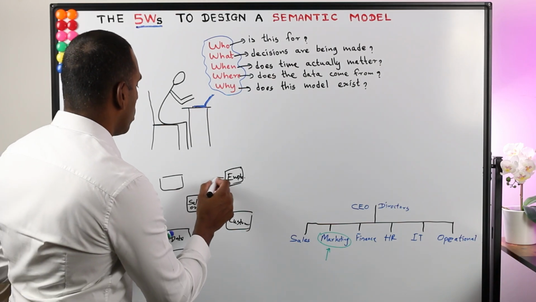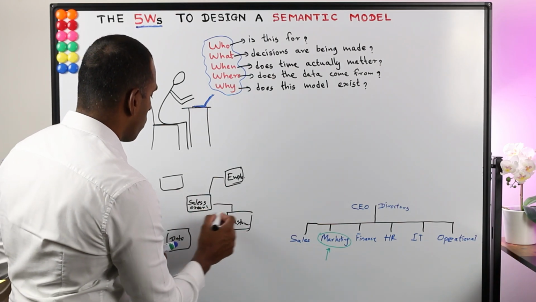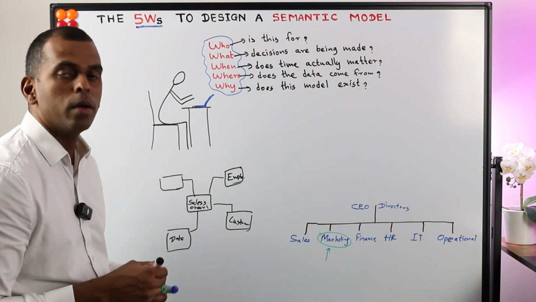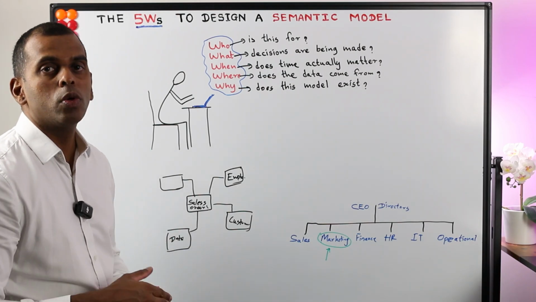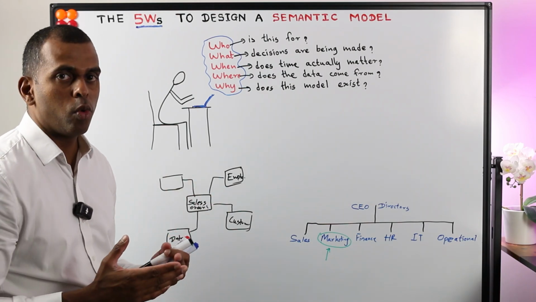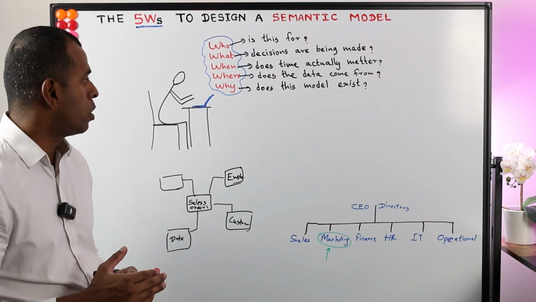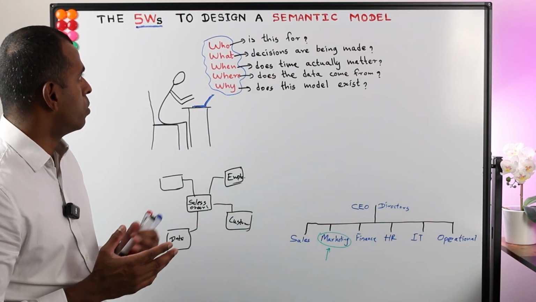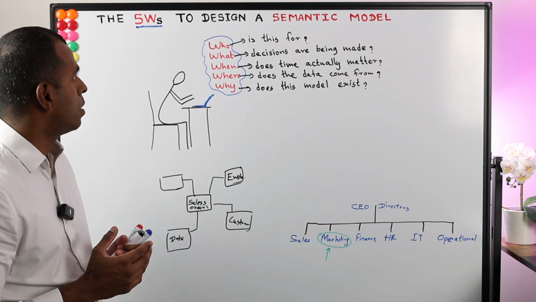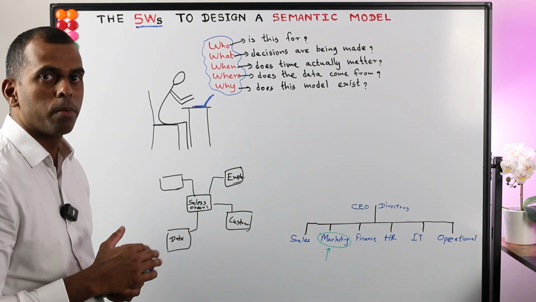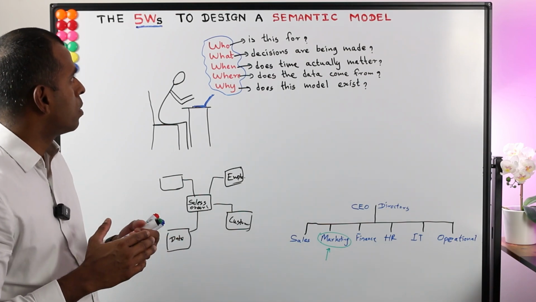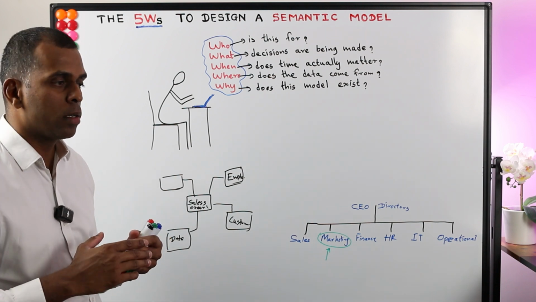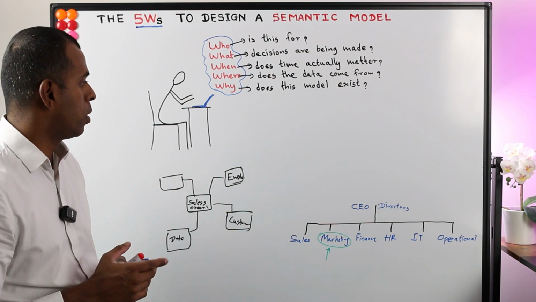So you can use this 5Ws framework through the entire Power BI project. Even when you make calculations or measures, you can use the 5Ws. It keeps things simpler, and most importantly, it keeps you inside the scope.